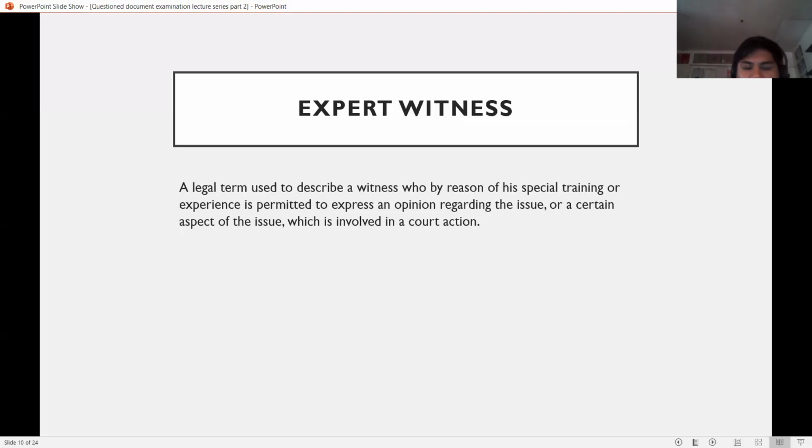Next, we have here the expert witness. An expert witness is a legal term used to describe a witness who, by reason of his special training or experience, is permitted to express an opinion regarding the issue or a certain aspect of the issue which is involved in a court action. Just like a questioned document examiner or handwriting identification expert, or even psychologists, doctors, etc. As long as they are experts in their field, with special training and experience, of course.